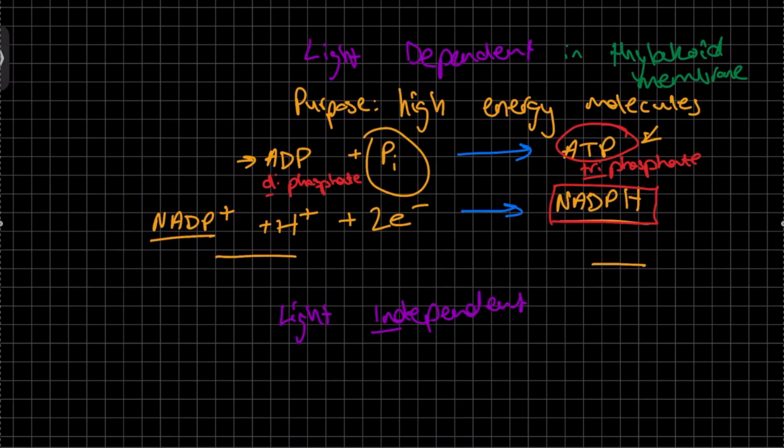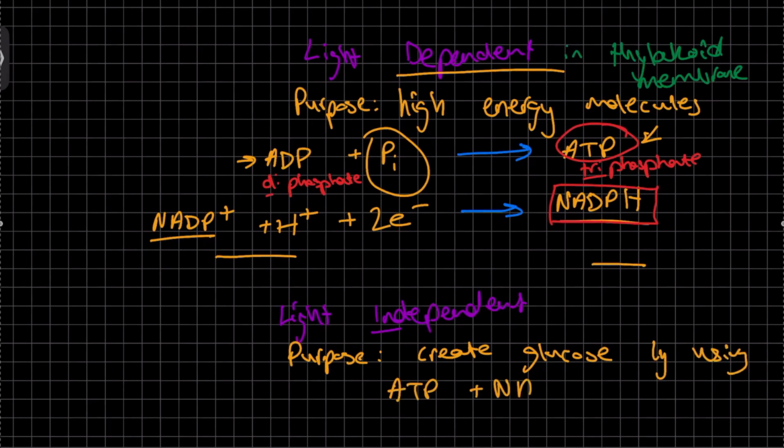The purpose of our light-independent stage is therefore to create glucose using the high-energy molecules that we made in the light-dependent phase before it. So the purpose of this one is to create glucose by using the ATP and NADPH produced in the light-dependent stage of photosynthesis.